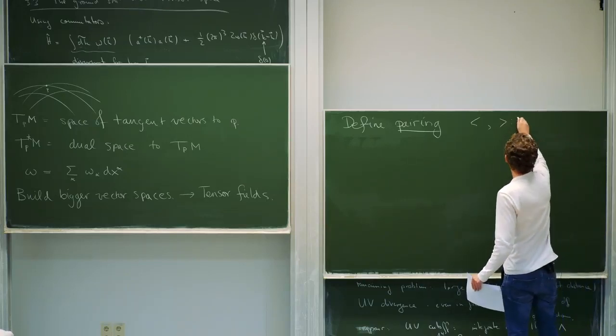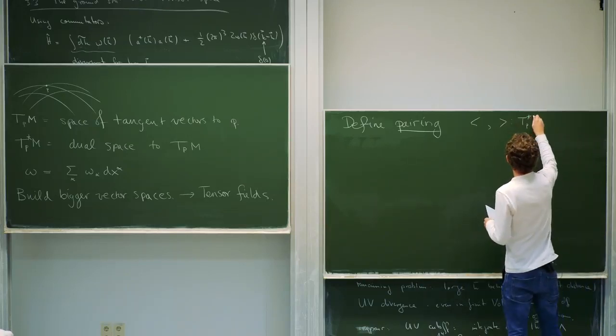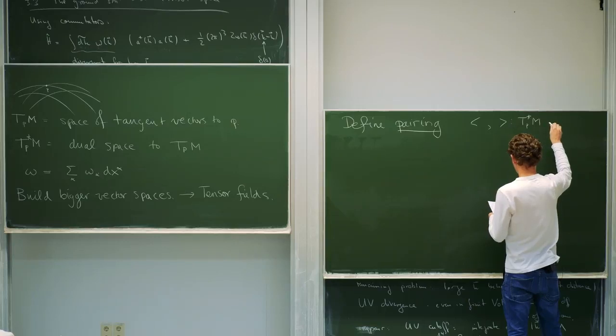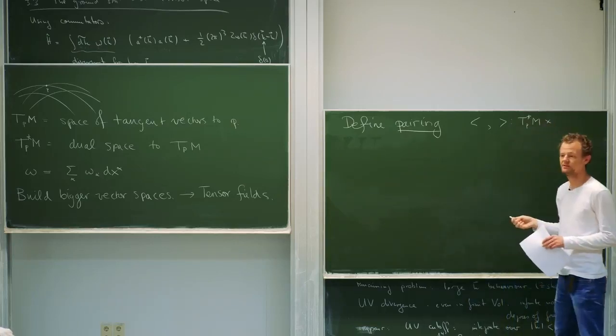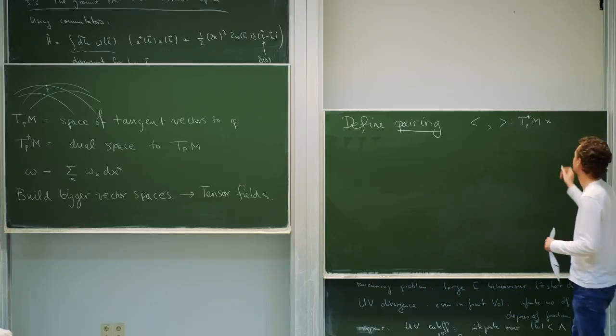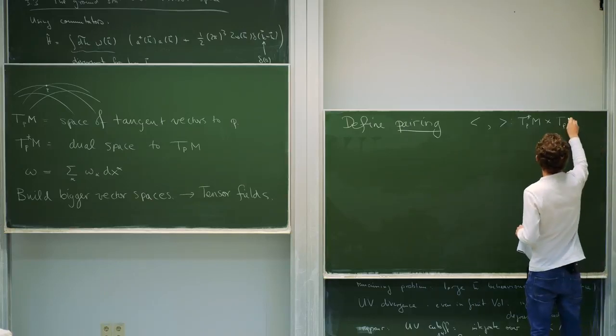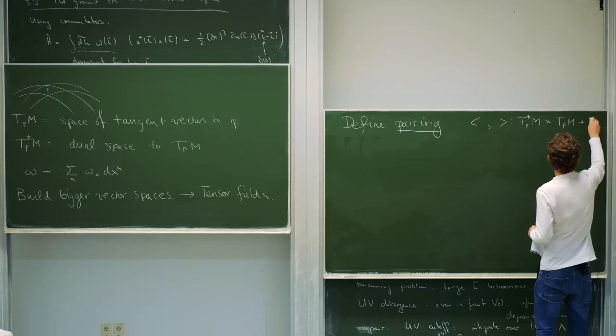What does it do? Well, it takes an element of the dual vector space, the dual of the tangent space there, the cotangent space, and an element of the tangent space, and it gives you a real number.